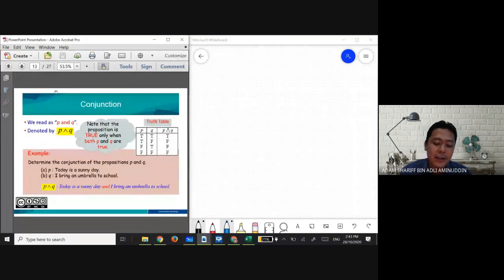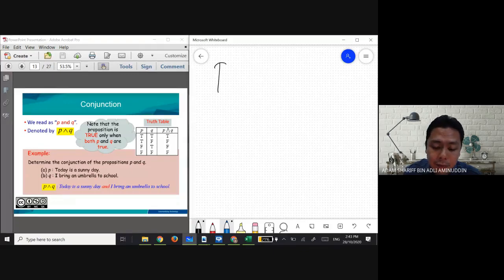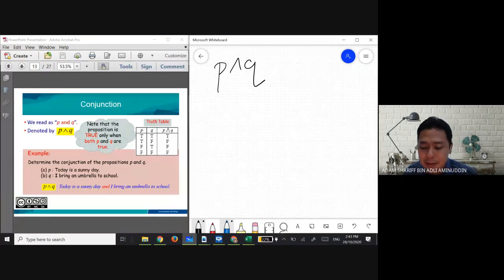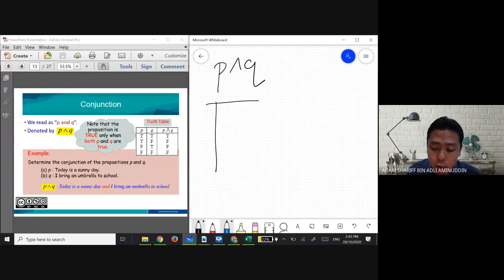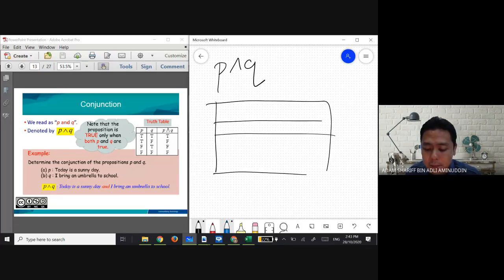Okay, conjunction. Right now it involves 2 propositions. Just now I said that 2 to the power of n represents the number of rows. Right now we have 2 propositions, P and Q. Therefore, you should have 2 to the power of 2, which equals 4.